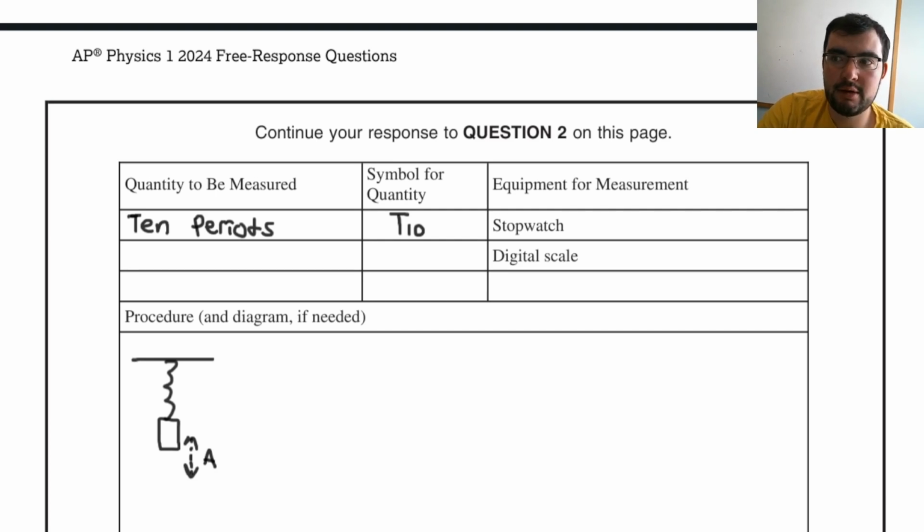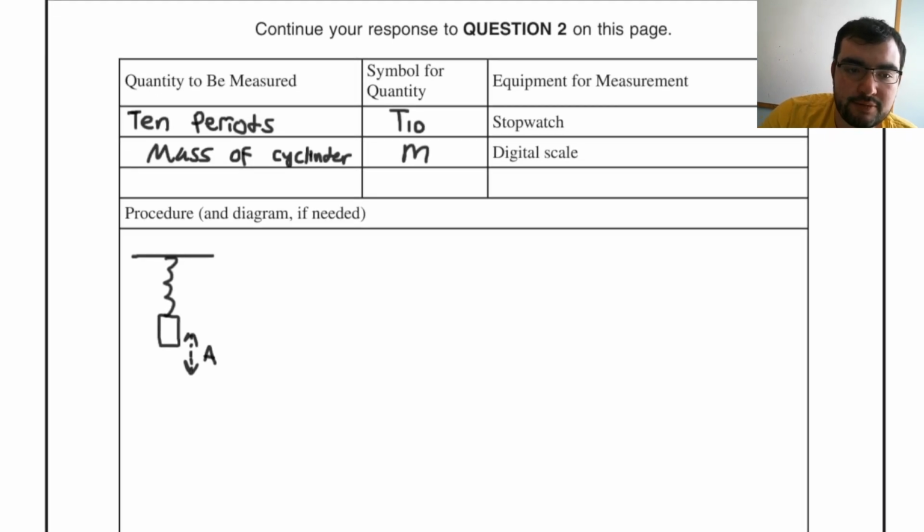And then after that, we can measure the mass of each cylinder. And that's just going to be M. So we just do that. We time 10 oscillations.